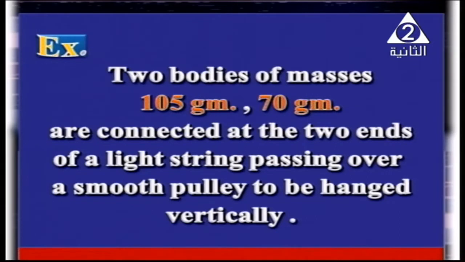We have two bodies. First, its weight is 105 grams. Second, 70 grams, connected at the two ends of a light string passing over a smooth pulley to be hanged vertically.